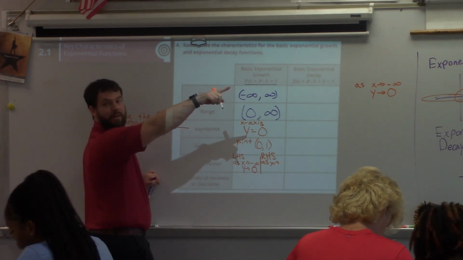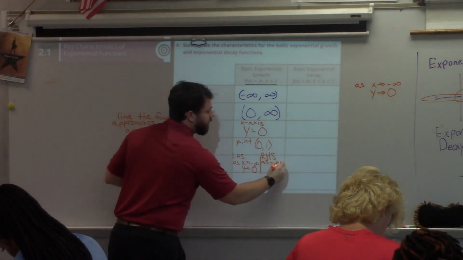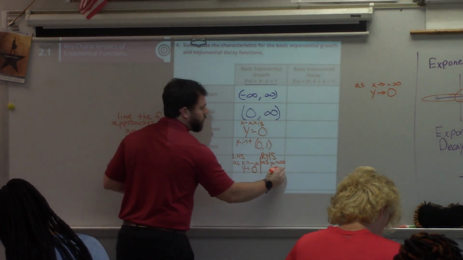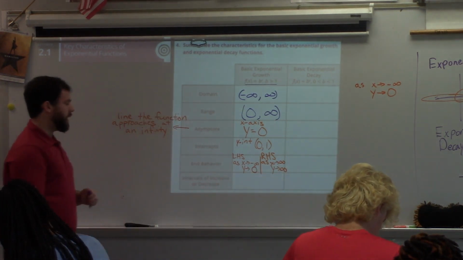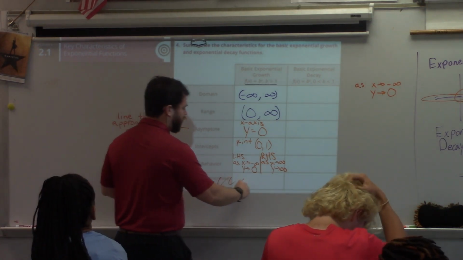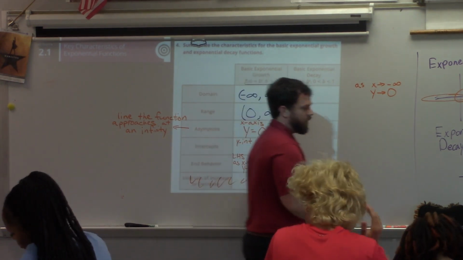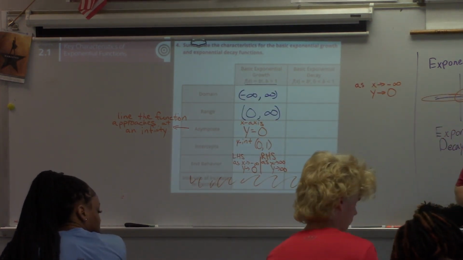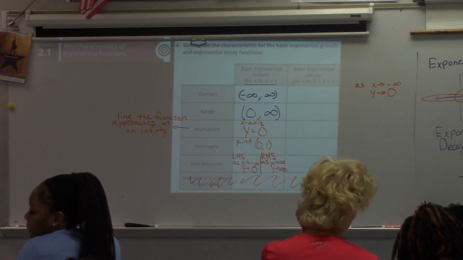Keeps going to the right, doesn't it? So as x goes to infinity, y is going towards infinity. Remember, we're only looking at the growth right now, but that is it. We didn't really do intervals of increase and decrease, so ignore that for now. Actually, don't scratch through it, because we might come back to it.